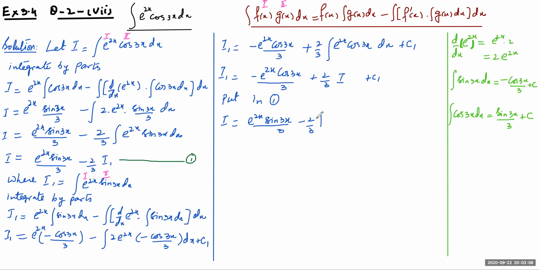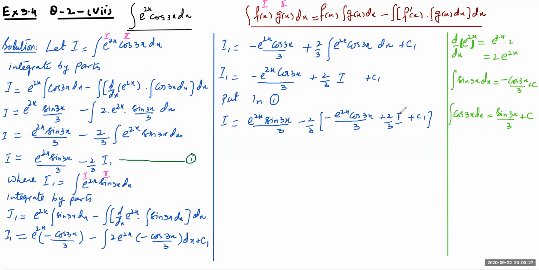In place of I1, I have these two values, so I write it there, minus e^(2x) cos 3x by 3 plus 2 by 3 I, and plus C1.